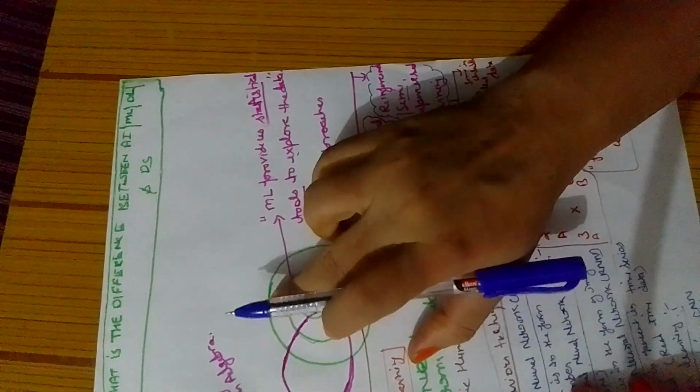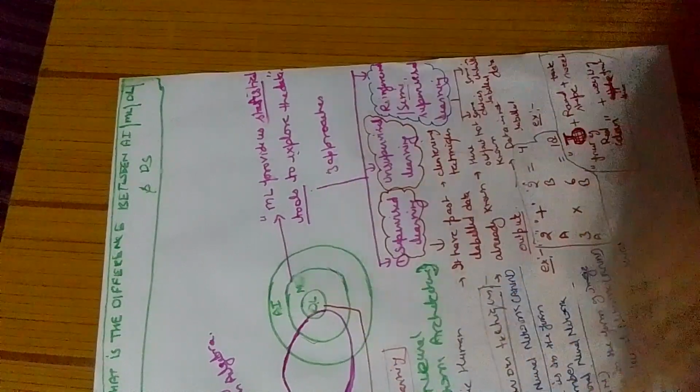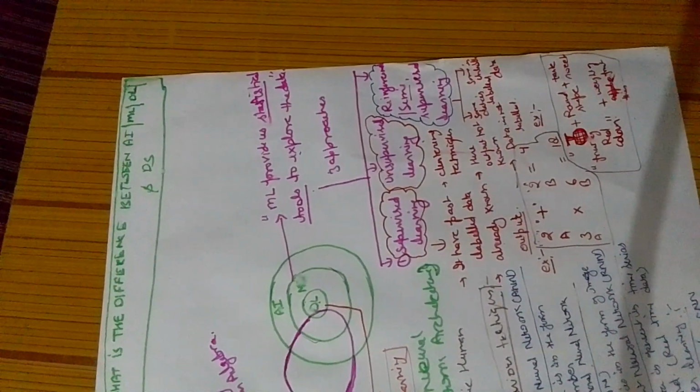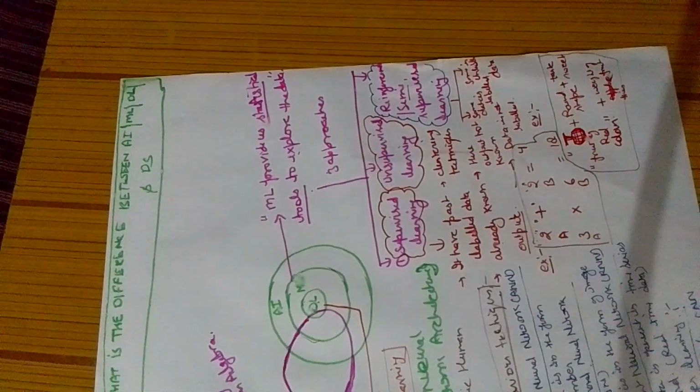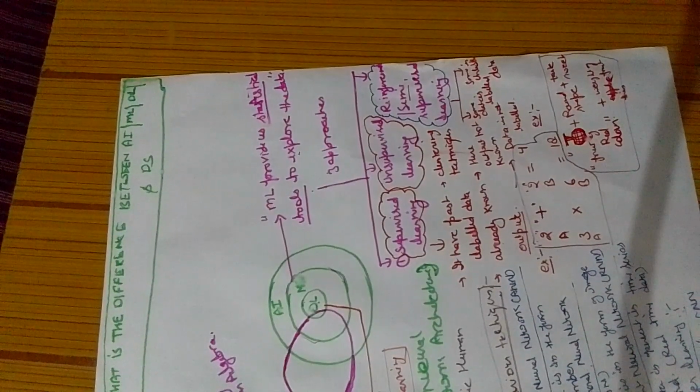And now comes what is artificial intelligence. Fine. So I'll tell you about artificial intelligence. What is this artificial intelligence? Artificial intelligence can be divided into two parts. Fine. Artificial intelligence could be divided into two parts.